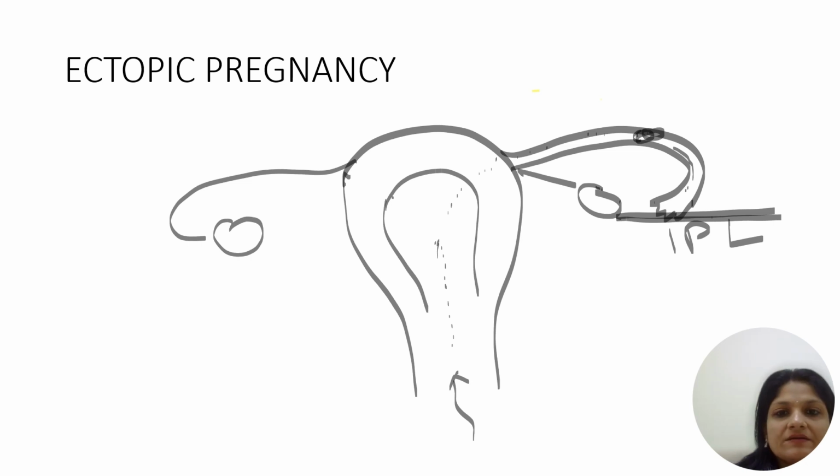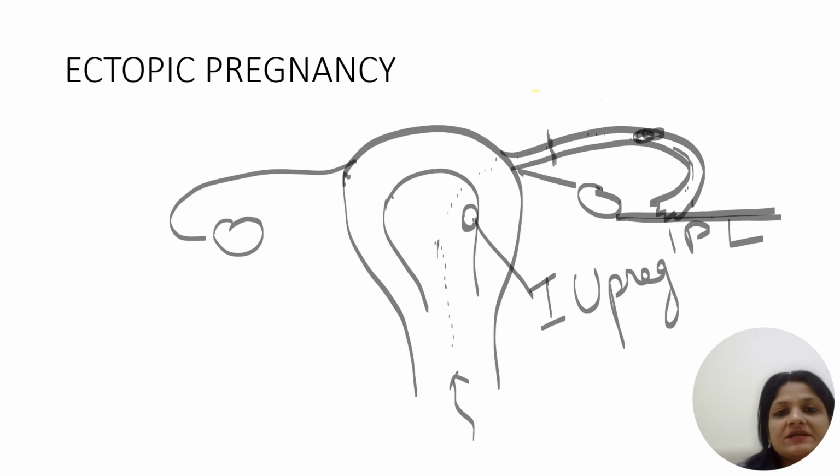Now if some problem has occurred in the tube, if the tube is distorted in its morphology or there is some sort of constriction which has blocked the tube, the fertilized ovum will not fall back into the endometrial cavity. Normally a fertilized ovum will travel back into the endometrial cavity of the uterus and implant somewhere here, resulting in a normal intrauterine pregnancy.